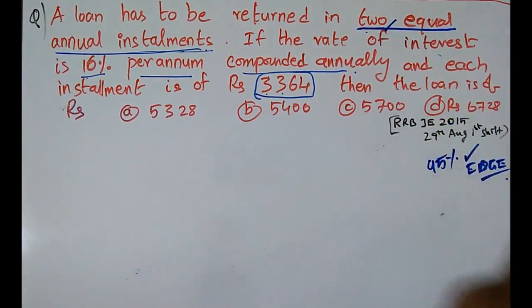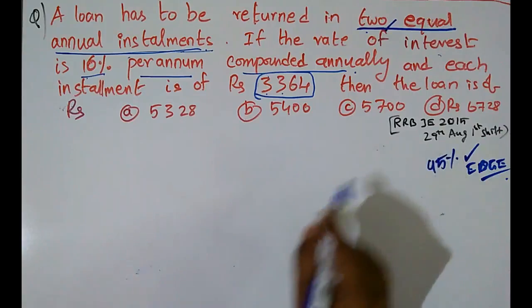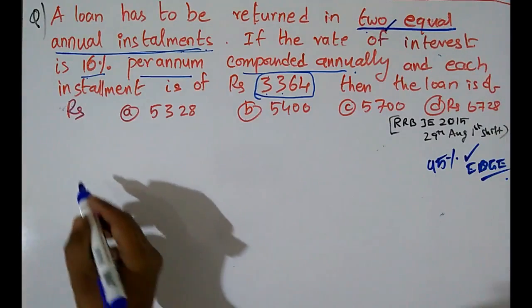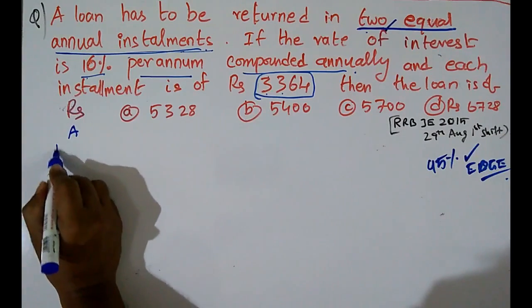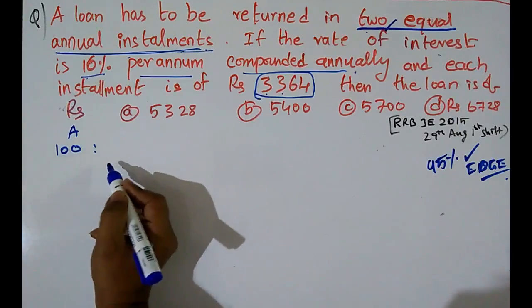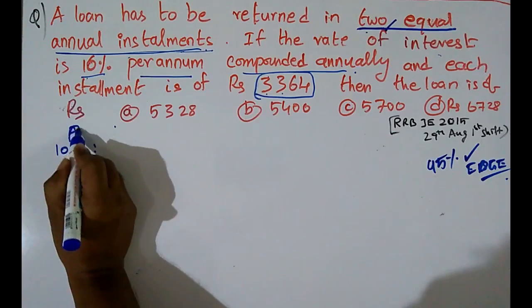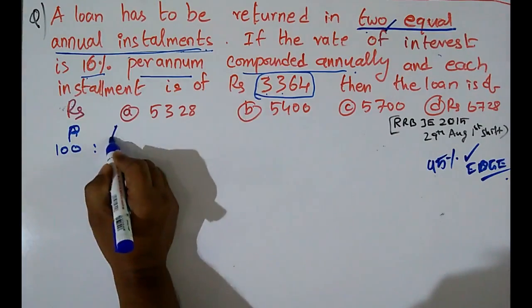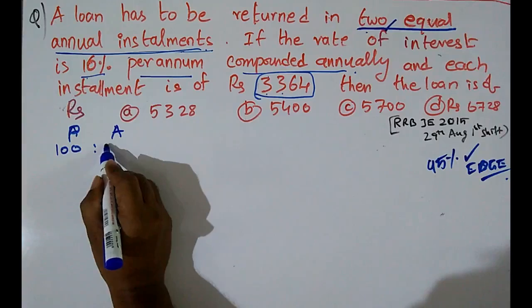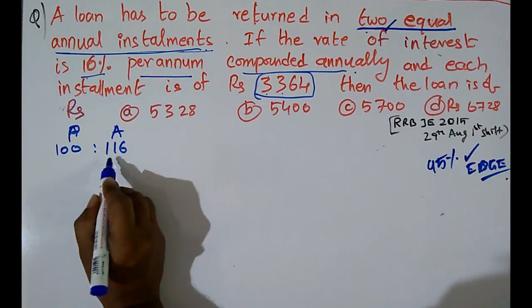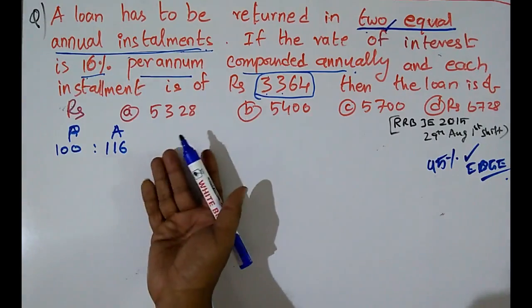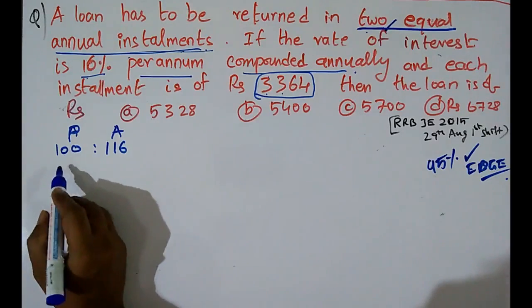Then the loan is of how much, with options. So for the 100 rupees that you have taken, the amount you are going to pay in return is 116, because 16% is your per annum interest.